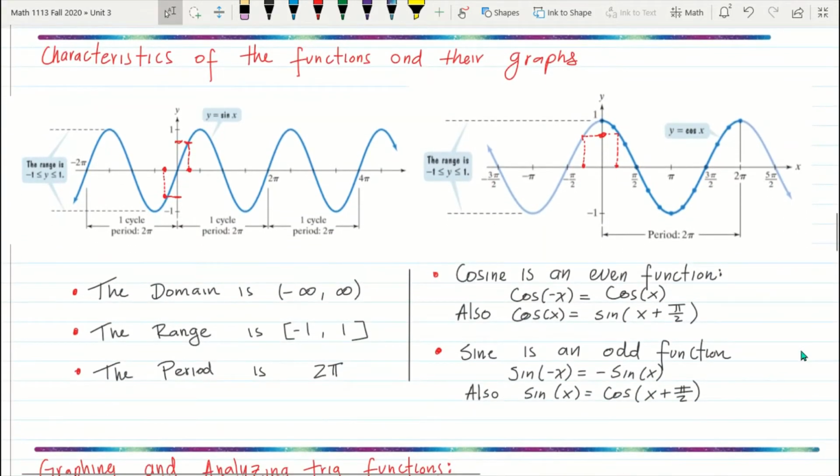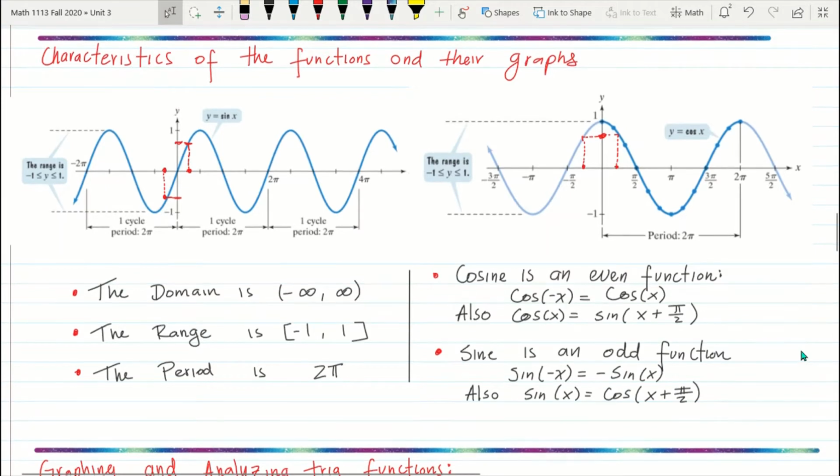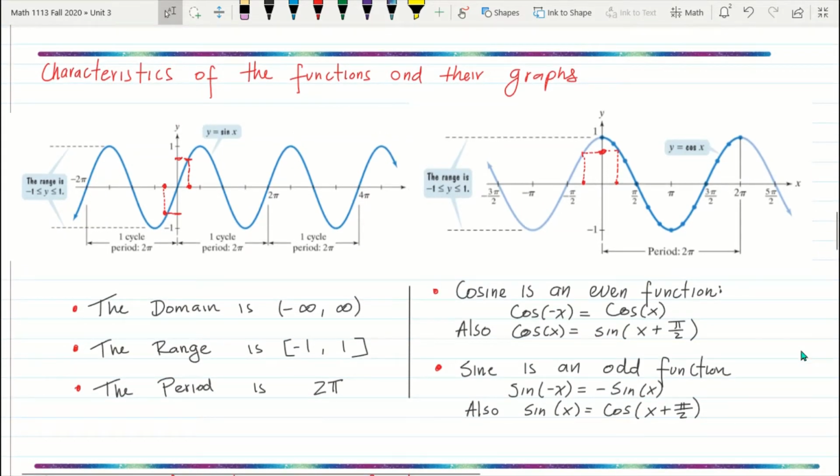Okay, some characteristics of the functions sine and cosine. So on the left, like I mentioned, this is the graph of sine, and notice how it starts at 0, 0 and then goes back up. And on the right graph we have the function cosine.